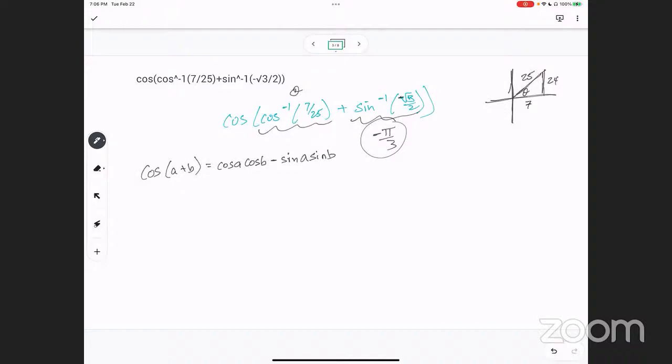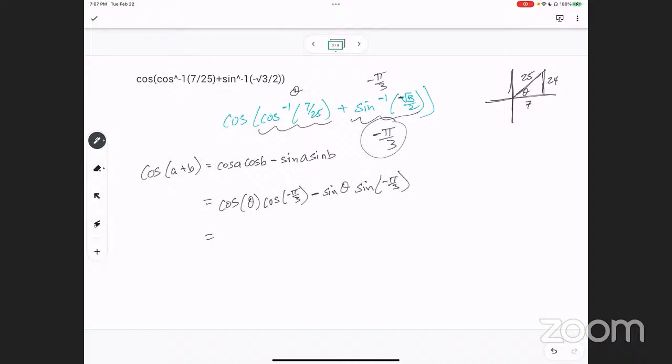So this is going to be the cosine of theta, and I'm going to write negative pi over 3 for this one. This is cosine theta times the cosine of negative pi over 3 minus the sine theta sine negative pi over 3.